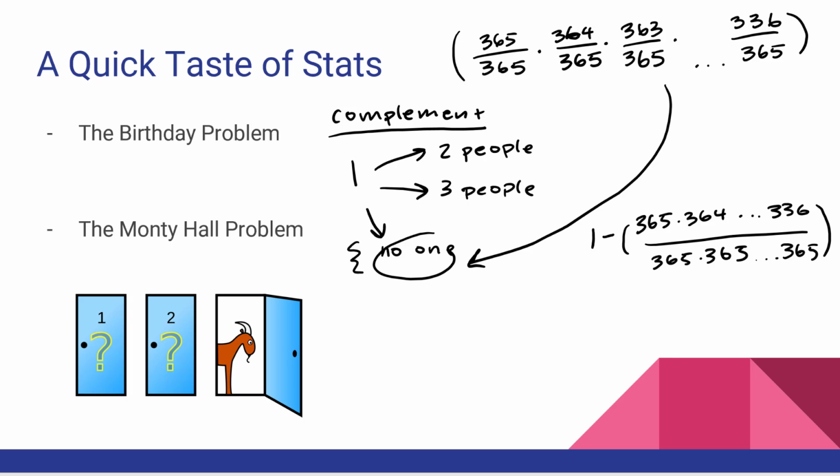Putting that into the calculator, which I will spare you from doing, trust me, it takes a long time, we get 0.7063. What this means is there is a 70.63% chance that at least 2 people in the classroom have the same birthday. That's crazy, right?